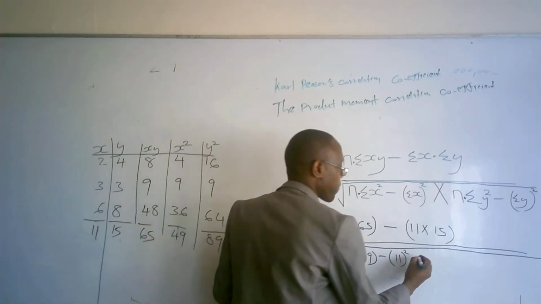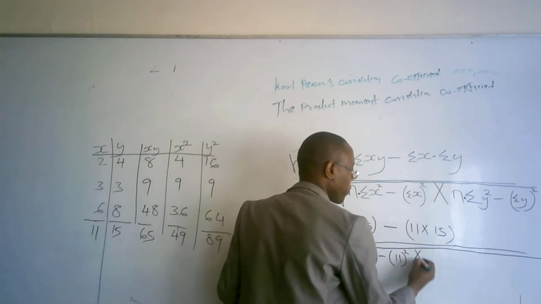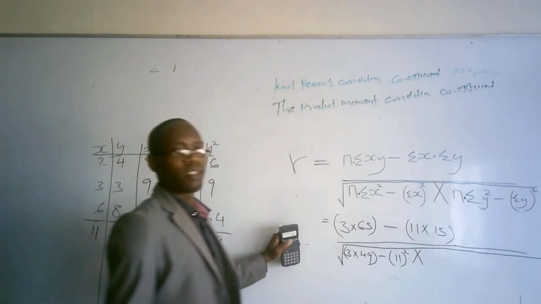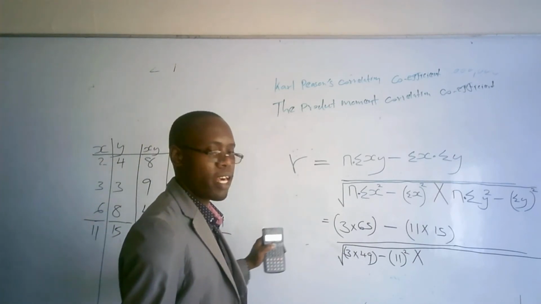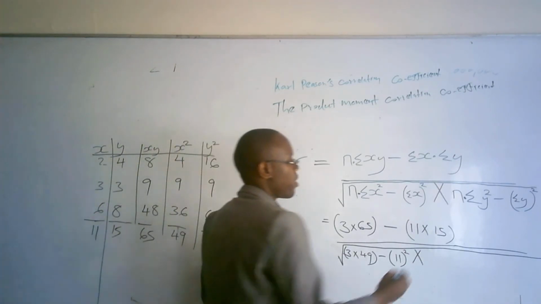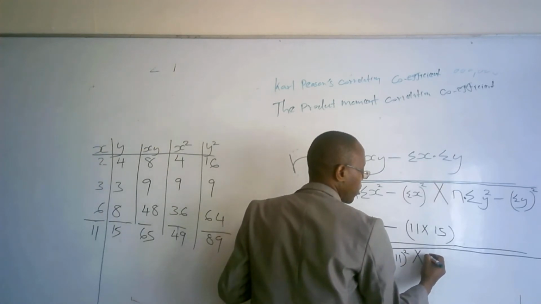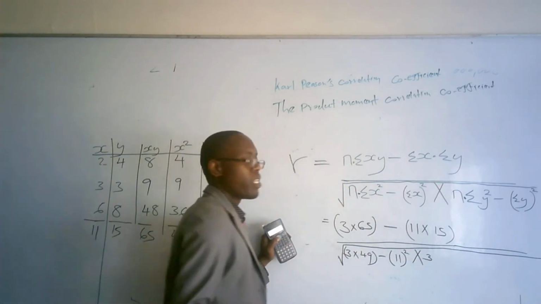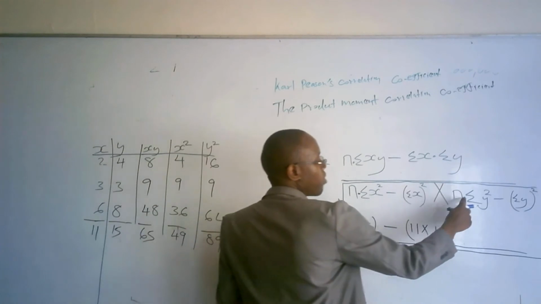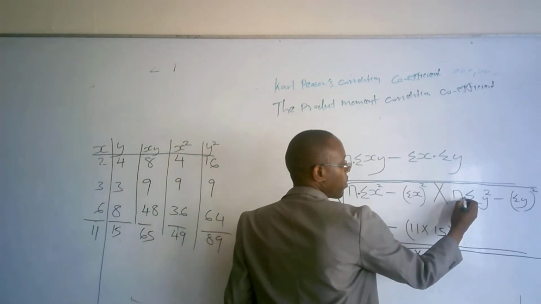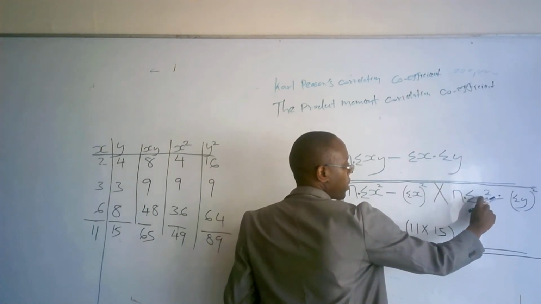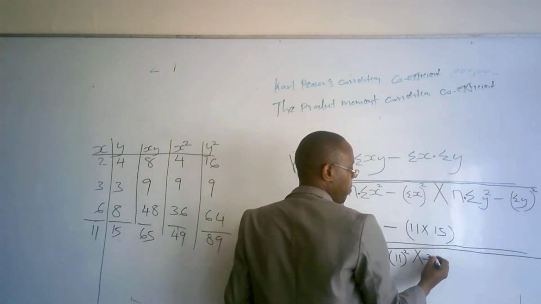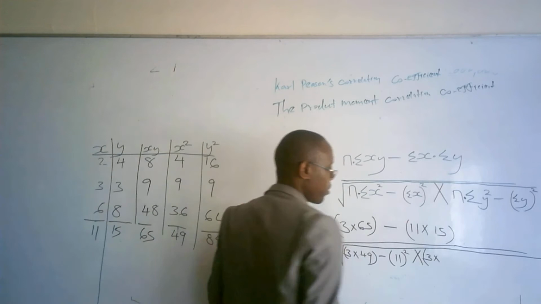And then we multiply by, again, our n, and the n in this case is 3. So it's going to be that 3 multiplied by, so this dot again signifies multiplication, n multiplied by summation y squared. So let me put a bracket here.